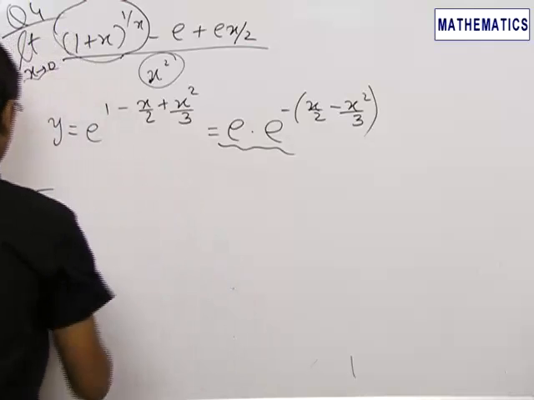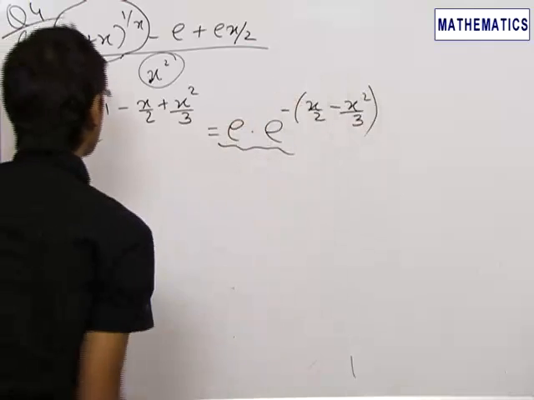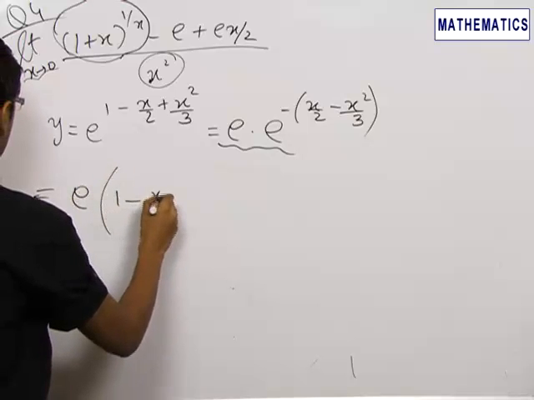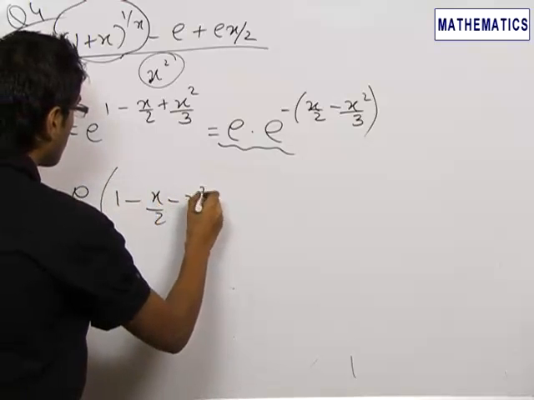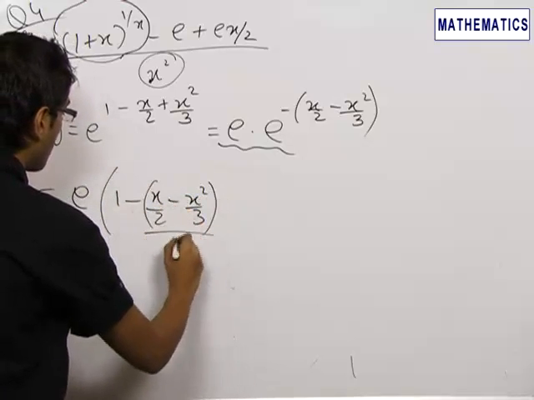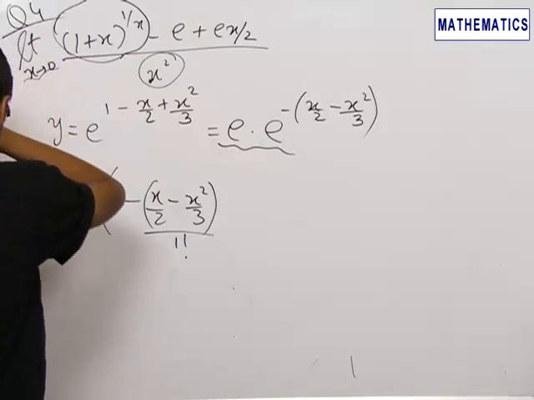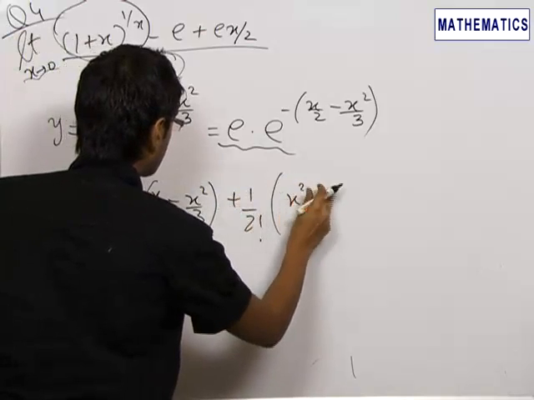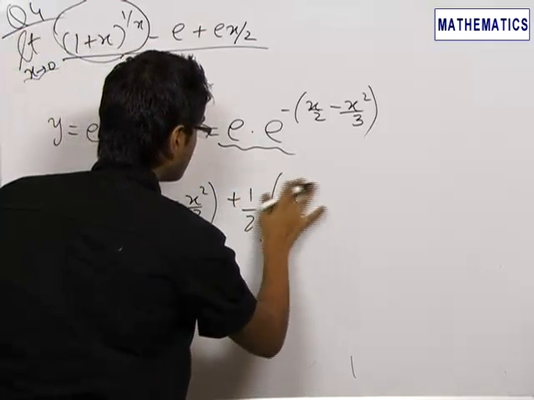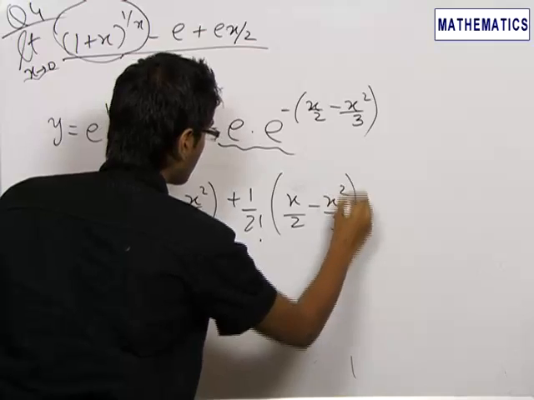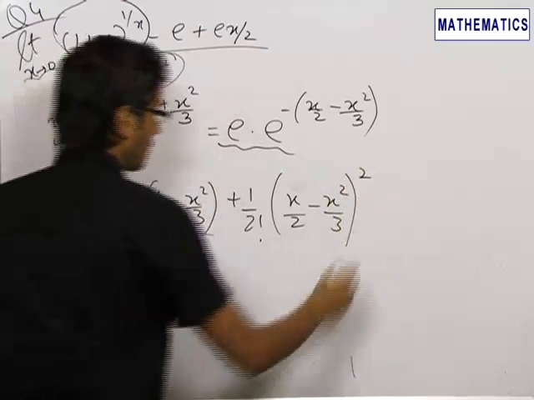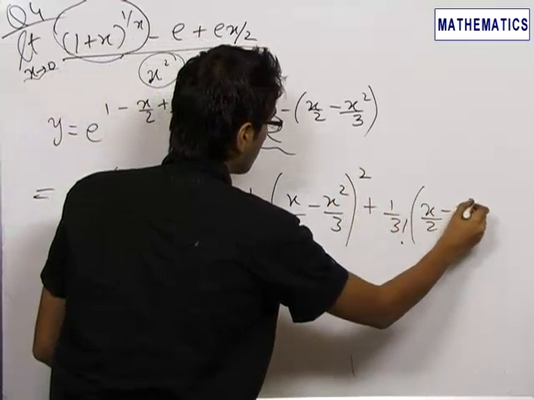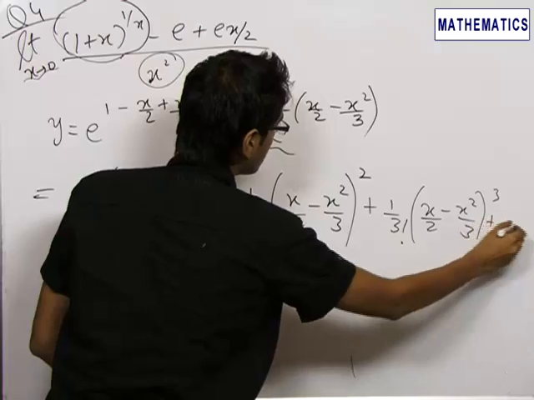So now we put the expansion over here to get e into [1 + (−x/2 + x²/3)/1! + (1/2!)(−x/2 + x²/3)² + (1/3!)(−x/2 + x²/3)³ and so on].